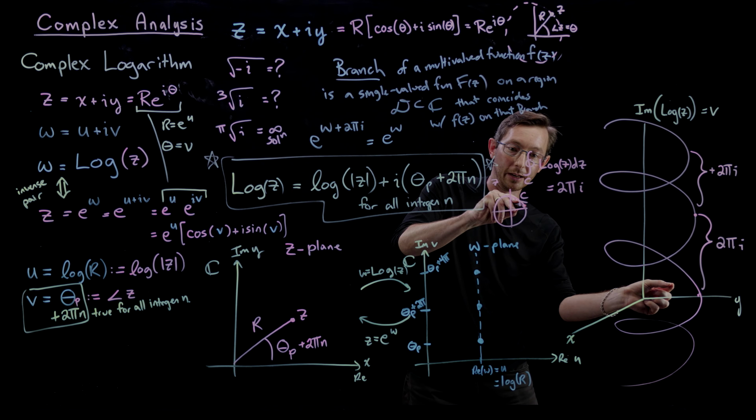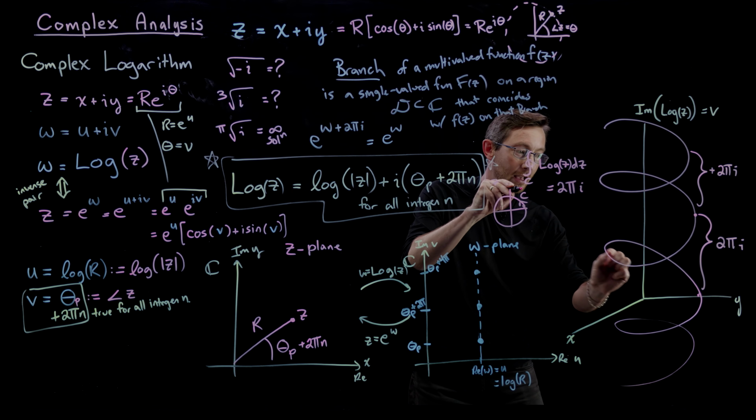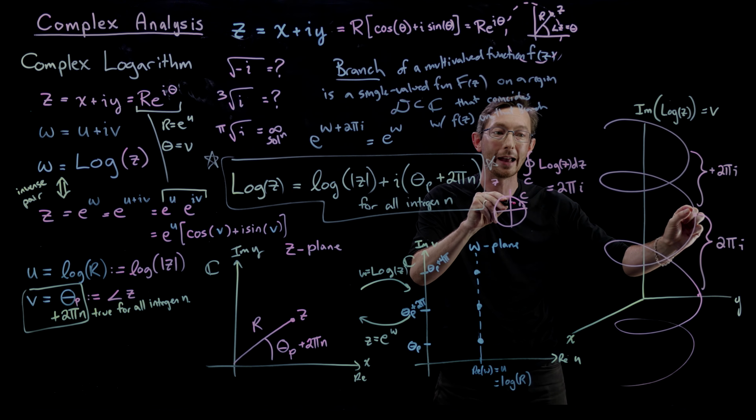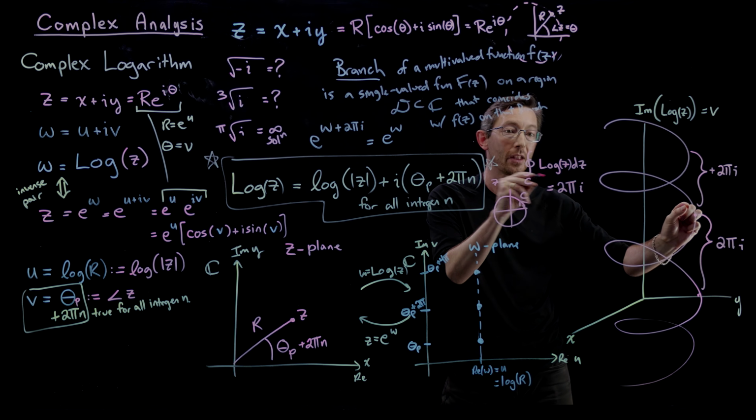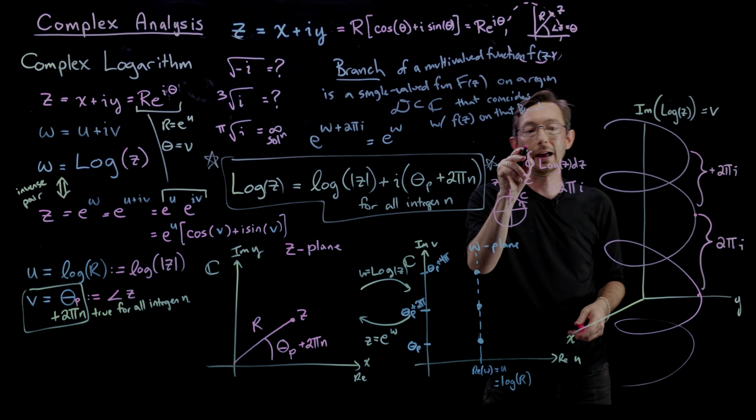If I start here and go around a full circle of z, I have added 2 pi i of phase to the logarithm of z. And so the integral over that closed circuit equals 2 pi i.